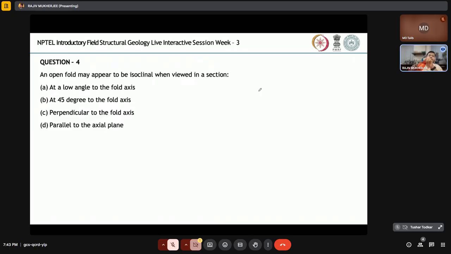An open fold may appear to be isoclinal when viewed in a section, option A, at a low angle to the fold axis, option B, at 45 degrees to the fold axis, option C, perpendicular to the fold axis, and option D, parallel to the axial plane. Again, this is somewhat easier than the previous three questions.